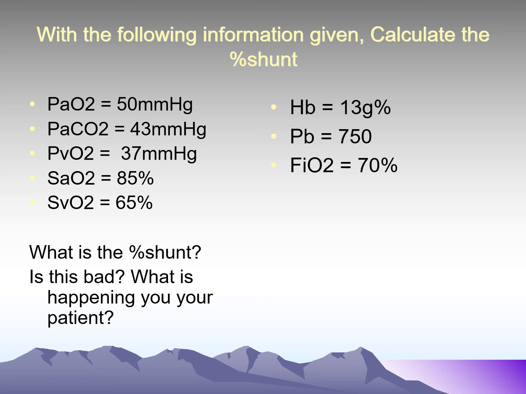So what is the percent shunt? What we should be looking at here is you're taking your CcO2 minus your CaO2, so you're going to have to do all the math to figure out those, and then divided by your CcO2 minus your CvO2.